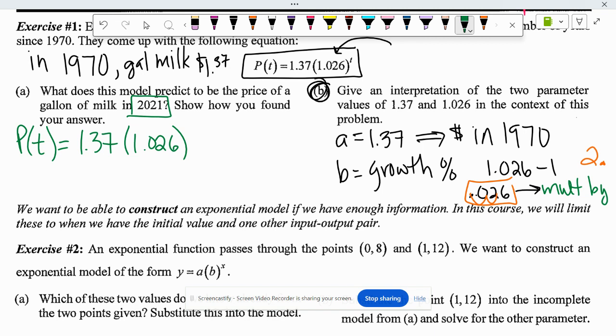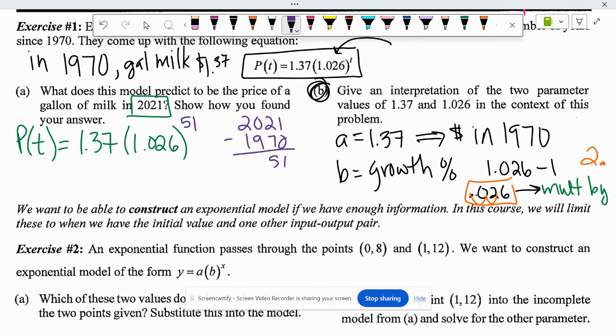What do I need to do first to figure out how long that's been? I'm going to subtract 2021 minus 1970, and I get 51 years. And what do I do with that 51? That's your exponent.